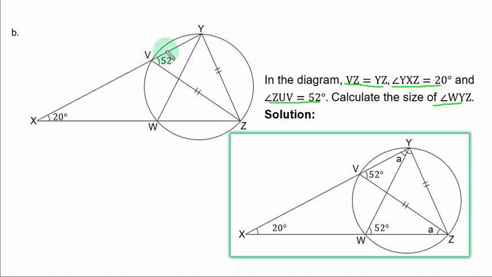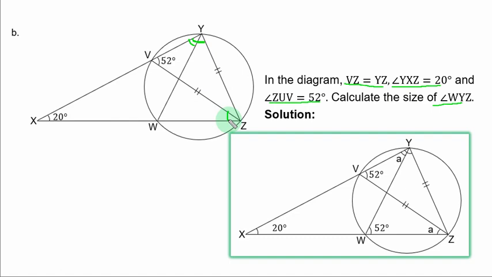VYZ is an isosceles triangle. So the whole of this angle here is equal to 52 degrees, base angles in a triangle. But this small angle here is equal to this angle, angles in the same segment.